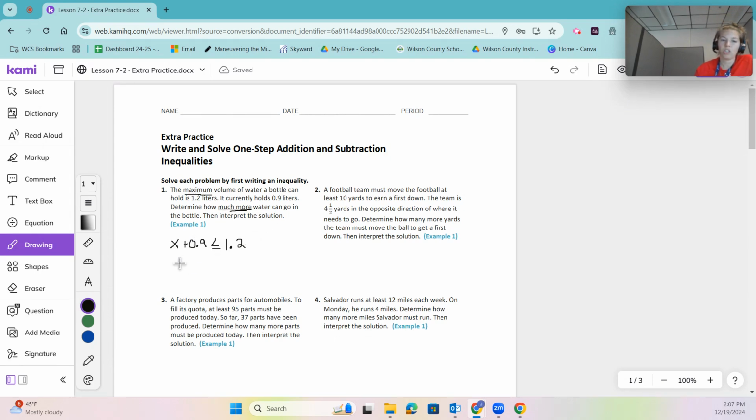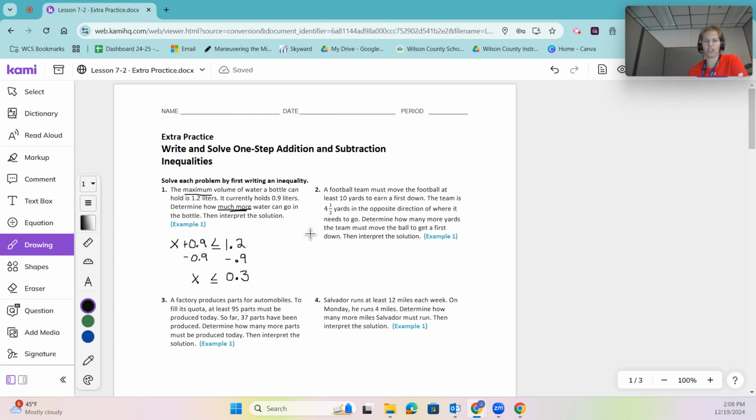So we're going to subtract 0.9 from both sides in order to solve it. And then that means x is going to be less than or equal to 0.3 liters. So that means it can hold up to 0.3 more liters of water.